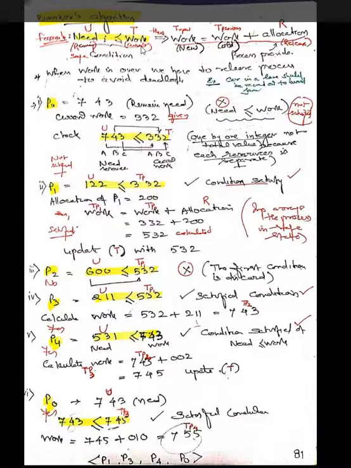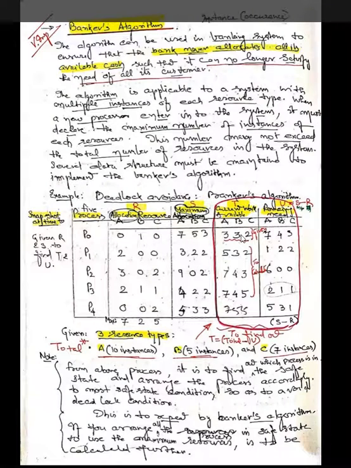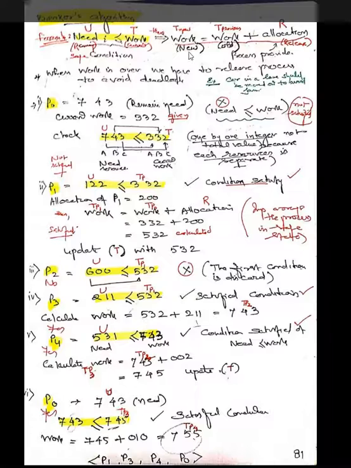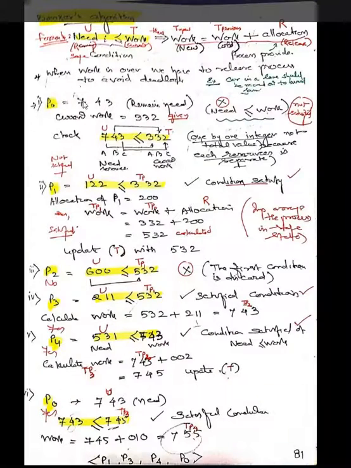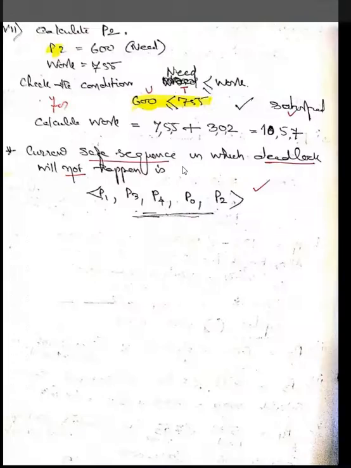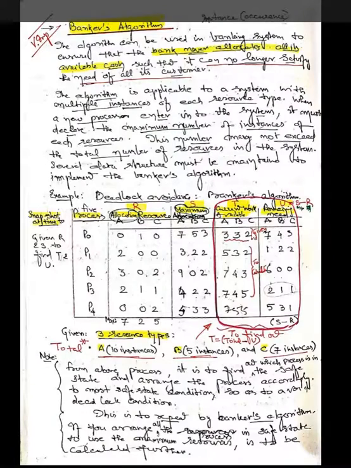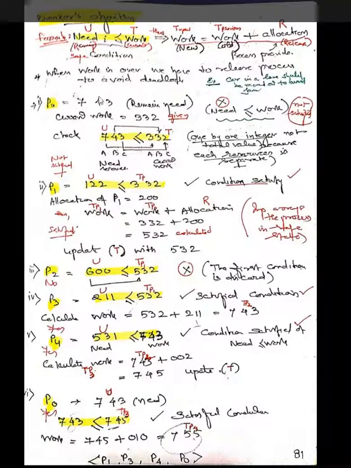If the need is less than the current available resources, then work equals work plus allocation. That means whatever the current work is, it is added with the allocation. So taking the first process, P0, the need is 743. 743 is compared with 332: 7 is compared with 3, 4 with 3, and 3 with 2.